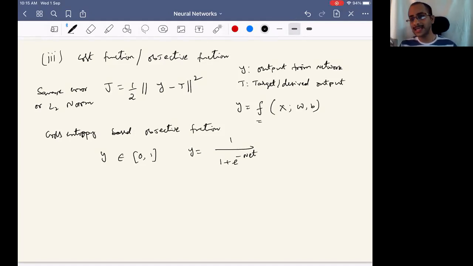So I get a single probability, and if it is high, it belongs to one class. If the probability is low, it belongs to the other class. That's the binary cross entropy. So we define it here not just as cross entropy but binary cross entropy.